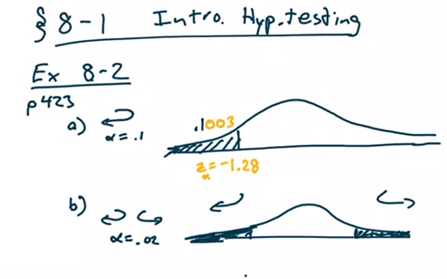Okay, so in this case, we have alpha equals 0.02, and we have that divided over these two tails. And so just doing 0.02 divided by 2, we come away with 0.01 for the area underneath the left tail and 0.01 for the area underneath the right tail.